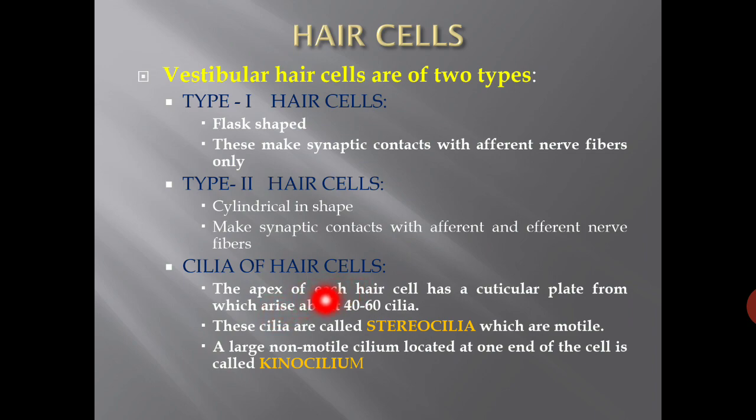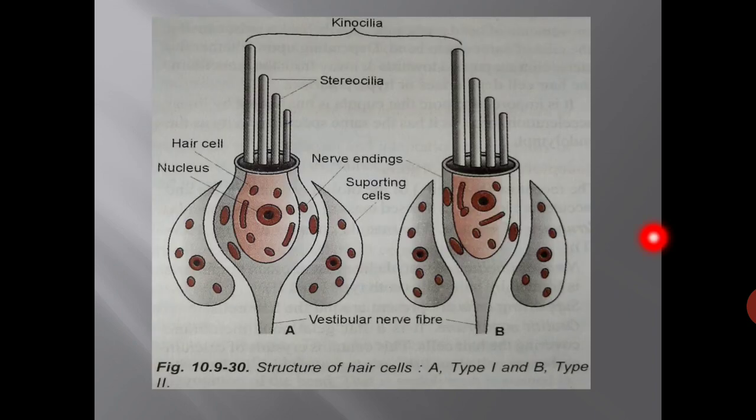Cilia of hair cells. The apex of each hair cell has a cuticle plate from which there is an origin of 40 to 60 cilia, and these cilia are known as stereocilia, which are motile. One large non-motile cilium located at the end of the cell is called the kinocilium.